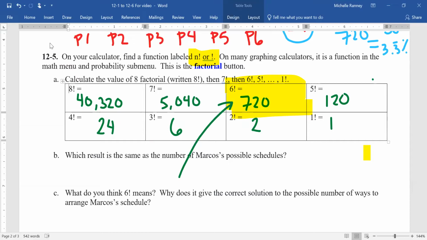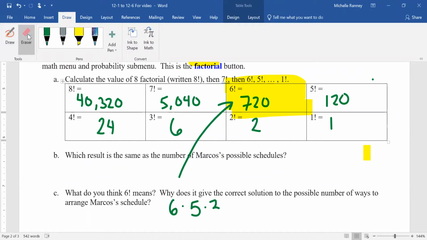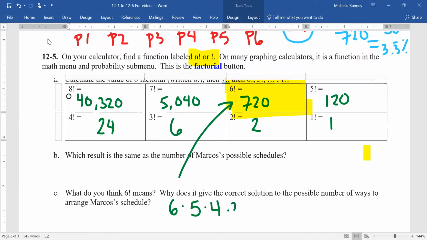Well, in our problem, we had 6 choices for the first period, 5 choices, 4 choices, 3 choices, 2 choices, 1 choice for all of his periods. So 6 times 5 times 4 times 3 times 2 times 1 is 720. And that is what 6 factorial is equal to.